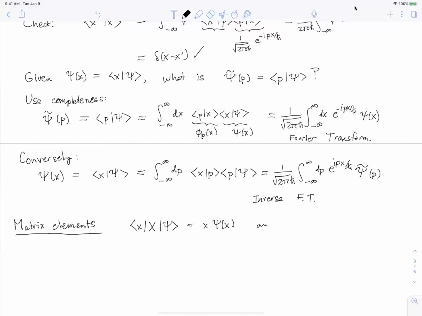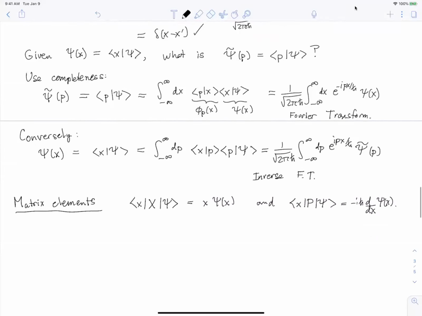And similarly, if I do <x|P|psi>, that's equal to minus i h bar d by dx of psi. That's by the definition of the p operator. So the way we say this is that in the x basis, or in the x representation, the operator x is represented by the number x, and the operator p is represented by the operation minus i h bar derivative.